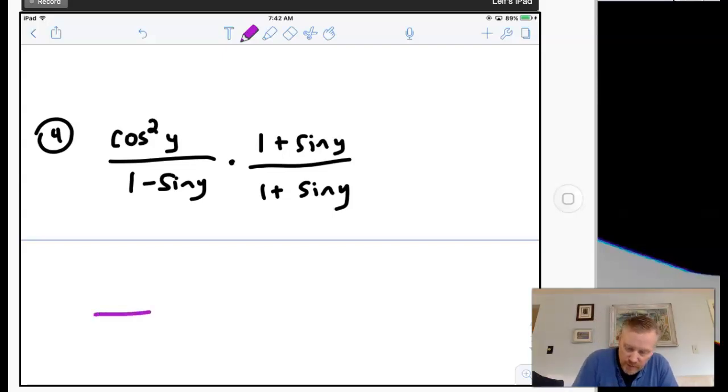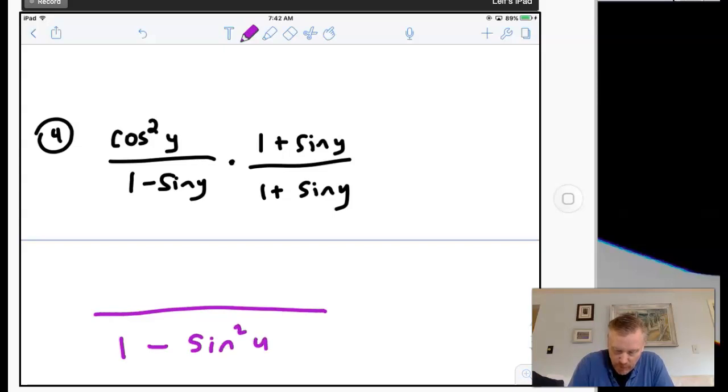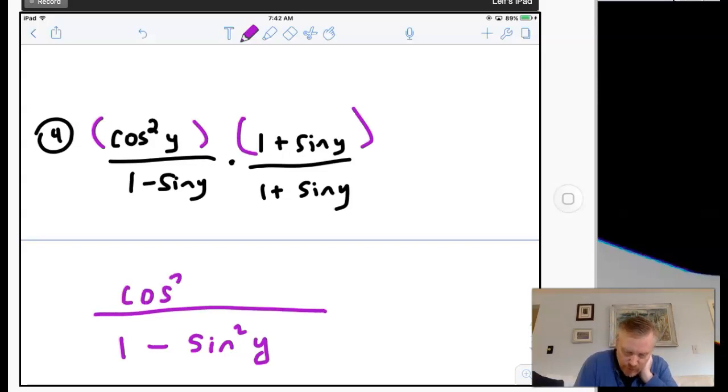The denominator is going to be 1 squared is 1, always a subtraction sign, sine times sine is sine squared of y. My numerator, if I multiply these two things together, I get cosine squared of y times 1 plus sine of y.